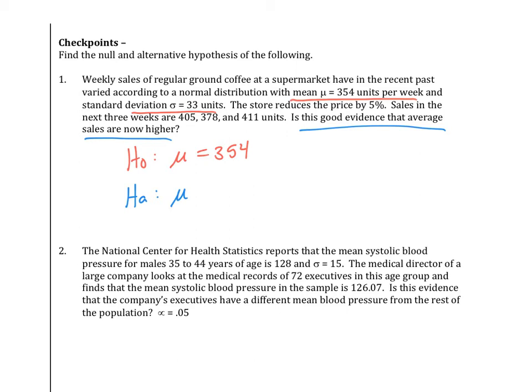So is there enough evidence to say that it's higher than 354? So you're saying the average is greater than 354. The alternative in this case is greater than. And then we could eventually go on to try to show that it is greater, or that there's not enough evidence.